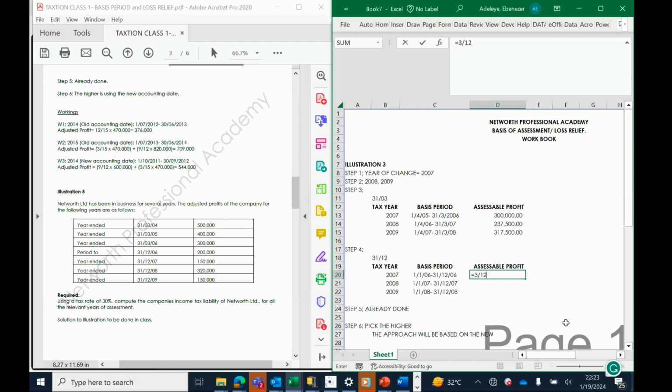3 divided by 12 times what now? 300. Plus 200. Now, from here, 1st of January 2007 to 31st of December 2007, we can see it as a full period here, right? 12 months, yes.